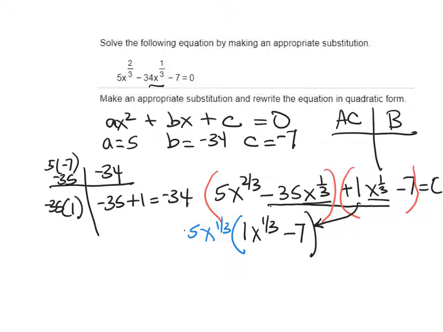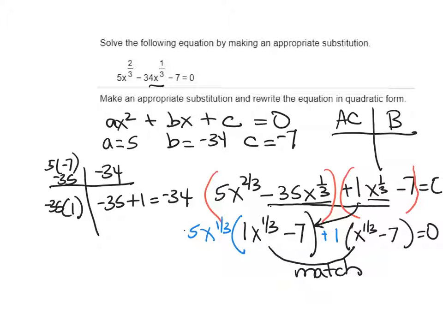But you have to take something out. So I'm going to take out a positive 1. And if I take out a positive 1, that will not change anything. So I still have x to the 1/3 power minus 7 in parentheses equals 0. So your goal is to get these two parentheses to match.